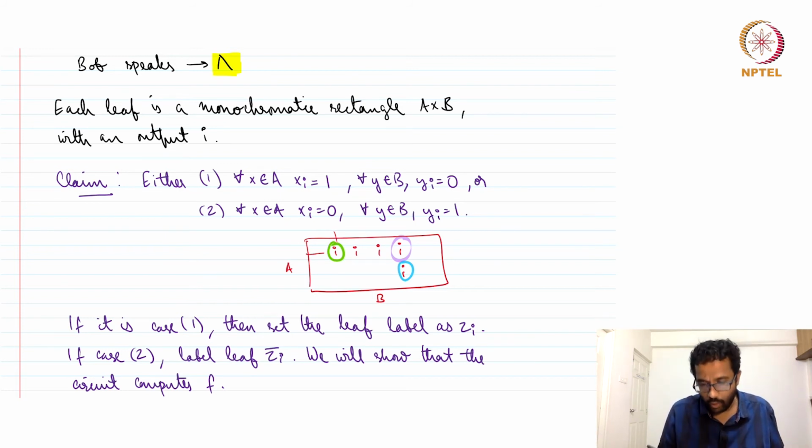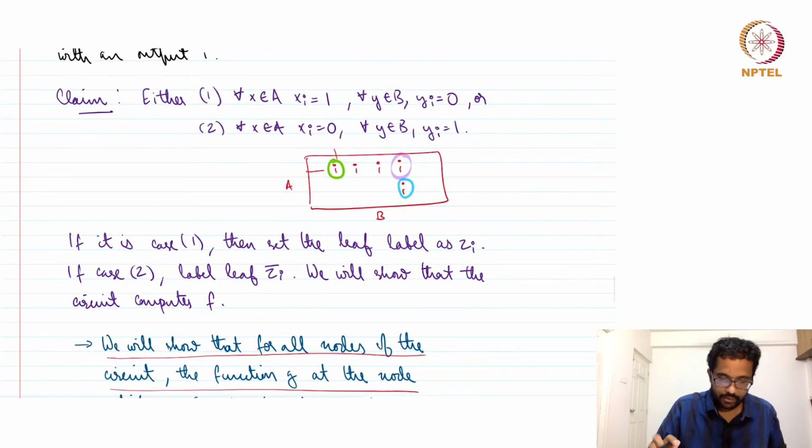So what this means is that for the entire matrix, either x_i equal to 1 and y_i equal to 0, or x_i equal to 0 and y_i equal to 1. It cannot be a mixed match of both. So if it is case 1, for the entire matrix x_i equal to 1, y_i equal to 0, then this leaf can be labeled as z_i.